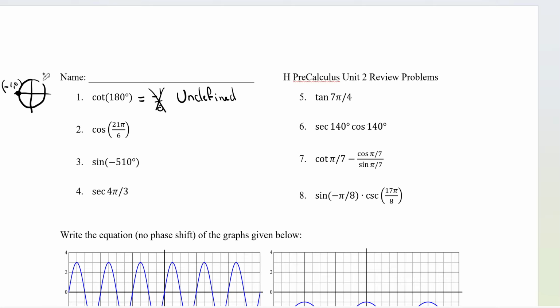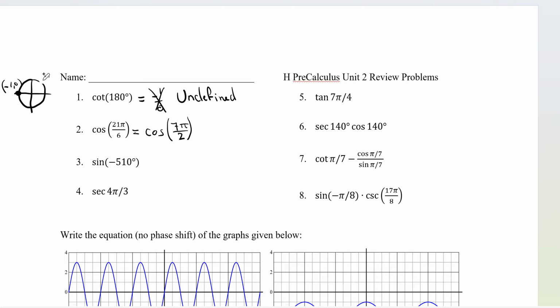For number 2, we want the cosine of 21 pi over 6. So first we have to think about, okay, this is more than one rotation of the circle, so we have to wonder where would that correspond in just one rotation. So just simplify this fraction. Cosine of, we're going to divide by 3, so 7 pi over 2.